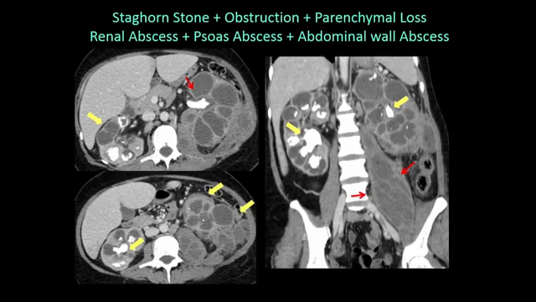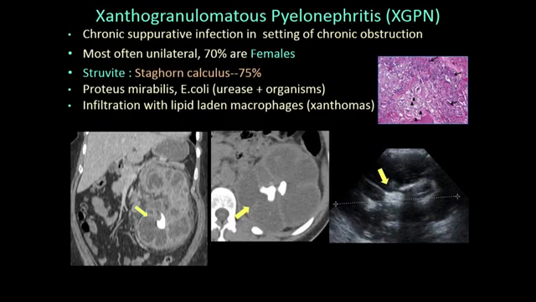This is what we know in the setting of parenchymal loss, xanthogranulomatous change, perirenal abscesses, big problem when you have both kidneys involved in terms of how do you manage these patients with multiple lithotripsies. Are these kidneys worth it to do that kind of surgical resection? And if it's involving both kidneys, the urologist will.